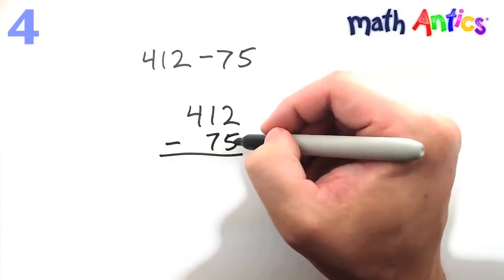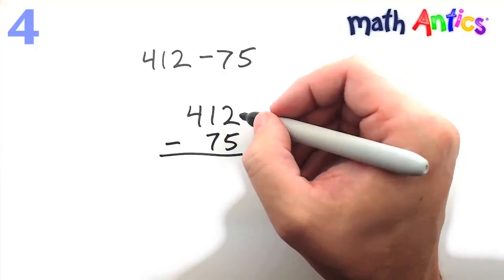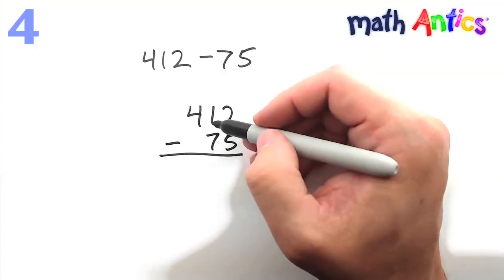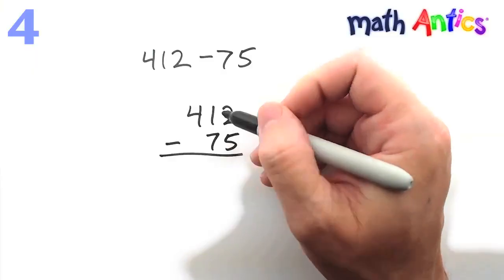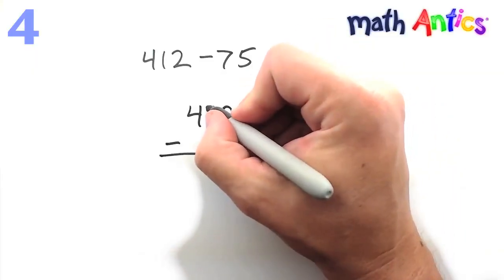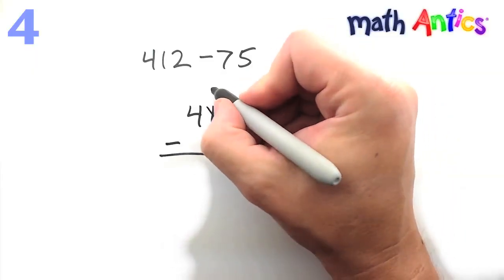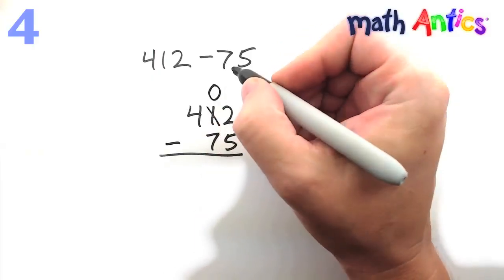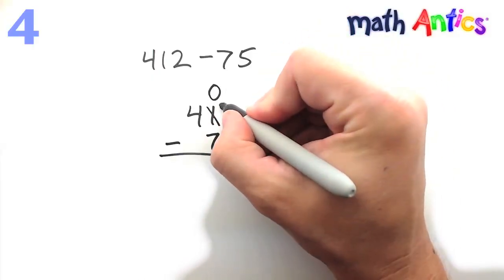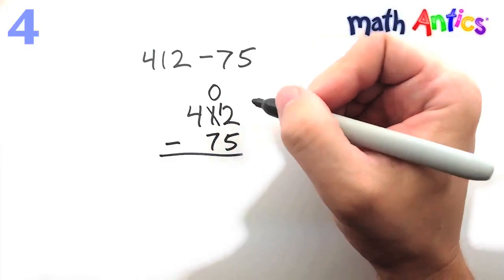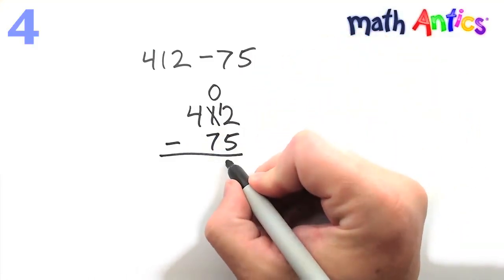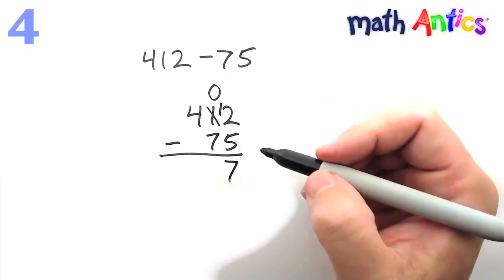So we have 2 minus 5. 2 is too small to subtract 5 from, so we need to borrow from the column on the left. We have a 1 there, so we cross out that 1. So we're going to borrow 1 from it. So 1 minus 1 is 0, so we put a 0 up here. And then the 1 that we borrowed, we write right next to the 2. So now we have 12 minus 5 equals 7. Write that in the answer line.